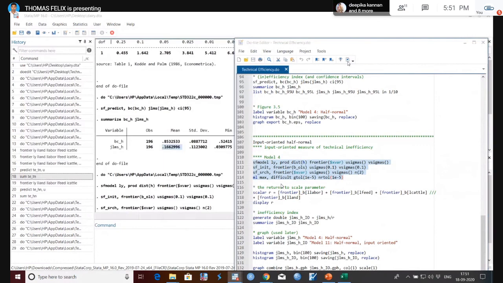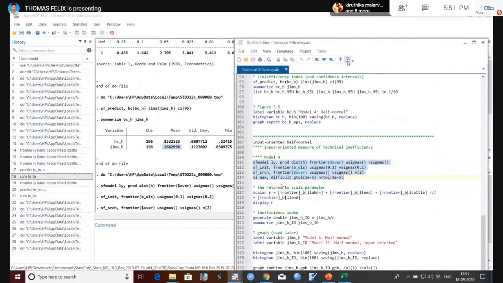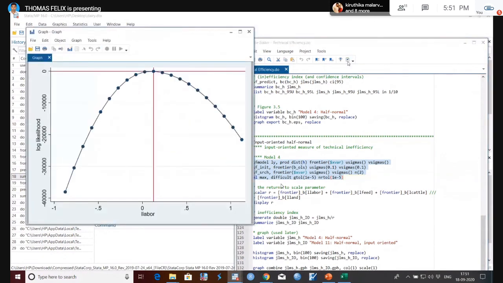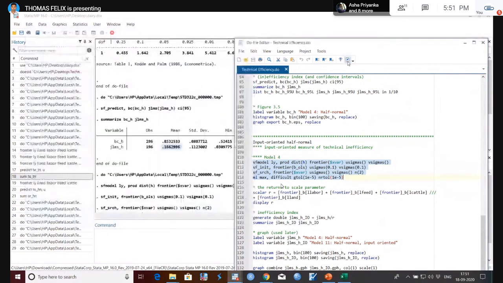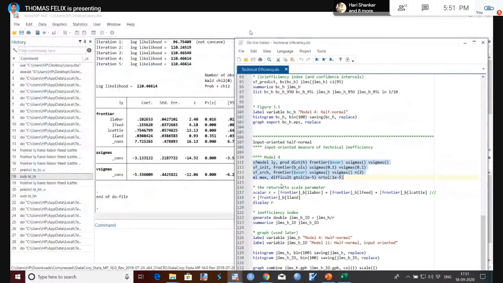The inefficiency values are the JLMS, that is, 60% of the farmers are inefficient in milk production. So I need to divide the return to scale with the inefficiency values. Now I am going to use the formula to predict the return to scale. Return to scale is where I add all the coefficient values except the constant.